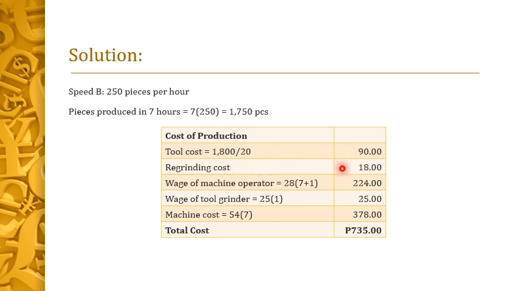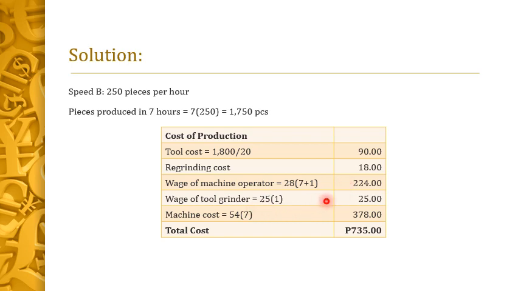Regrinding cost, 18 pesos. What changes is the wage of machine operator, equal to 28 pesos per hour times 7 hours to operate the machine plus 1 hour to change the tools. This is equal to 224 pesos.